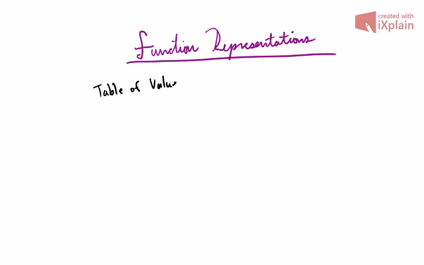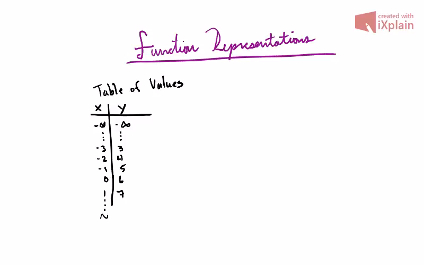The table of values represents some x and y pairing, and let's say negative infinity, dot, dot, dot. Let's do negative 3, 3, negative 2, 4, negative 1, 5, 0, 6, 1, 7, dot, dot, dot, infinity, infinity.